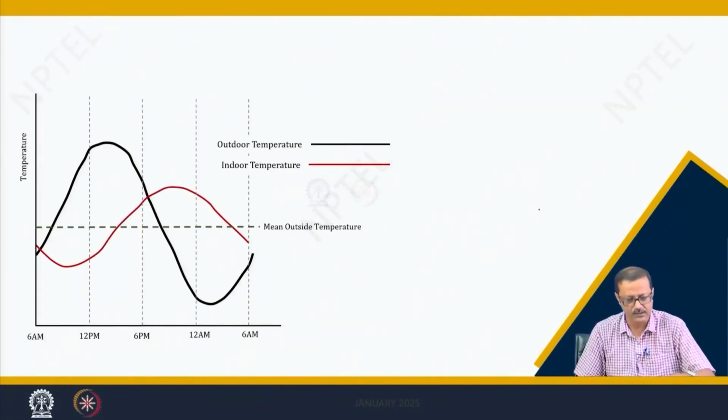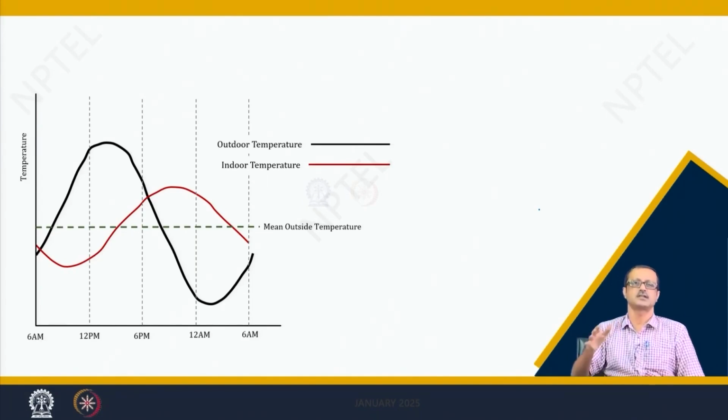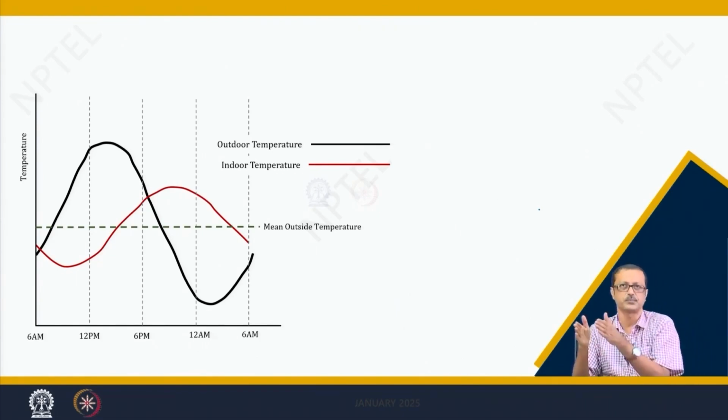The black curve is a periodic curve. This curve changes in different seasons, but in a particular season it will be periodic in nature, and the red one is the indoor temperature curve. So, there is a peak difference and there is also a shift of the peak.